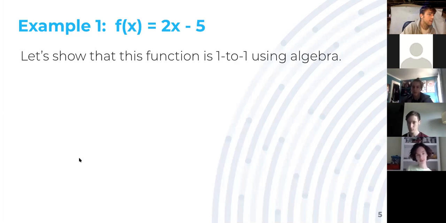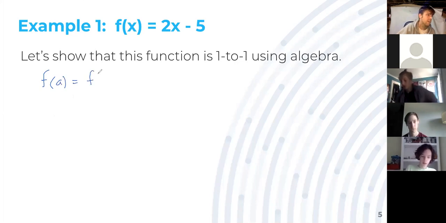Okay, so what I need to show is that if I put in two different values, some people use x1 and x2, and some people just use a and b. I'm going to use a and b for this one. So I'm going to show that if f of a equals f of b, so two different inputs, if those outputs are equal, that's going to have to mean that a is equal to b.